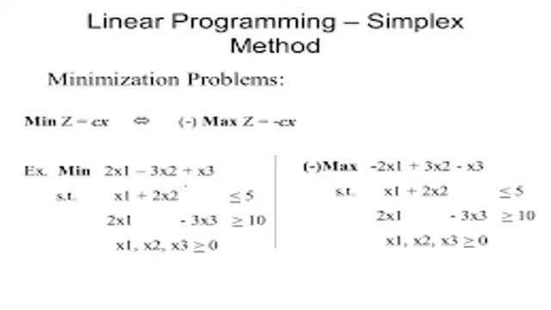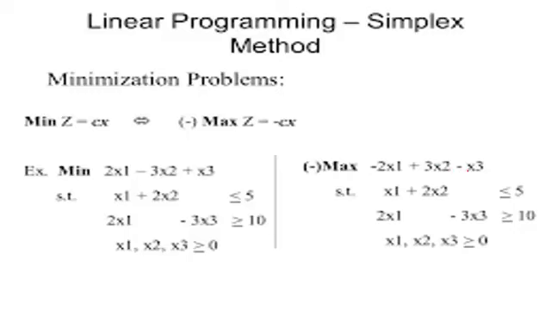Minimum will be changed into maximum: minus 2x1 plus 3x2. So when we multiply it with minus, it becomes plus, so plus 3x2, and x3 is plus, so we will multiply it with minus, so it becomes minus 3x3.